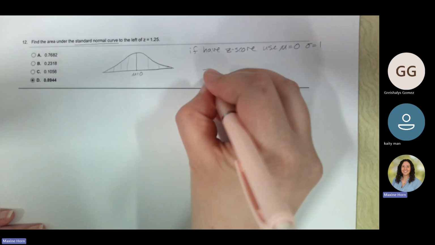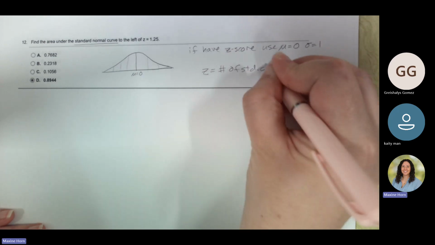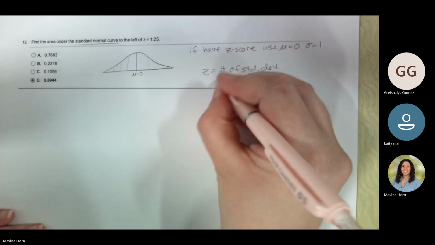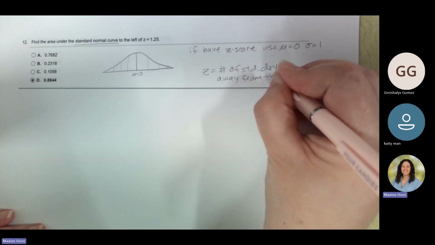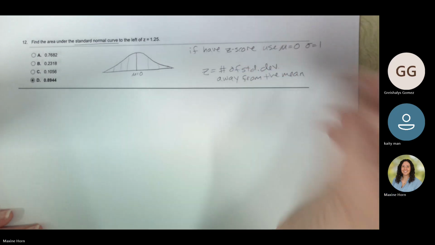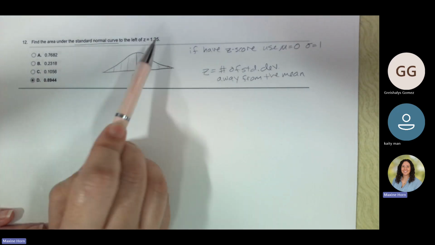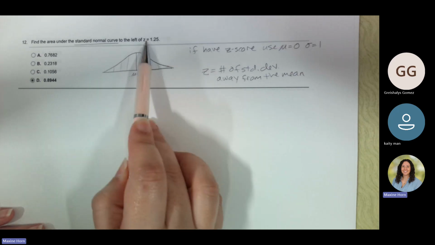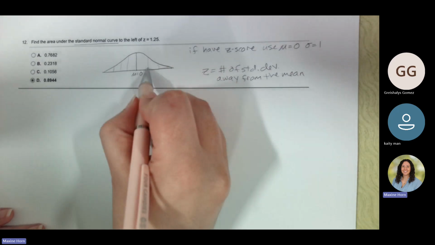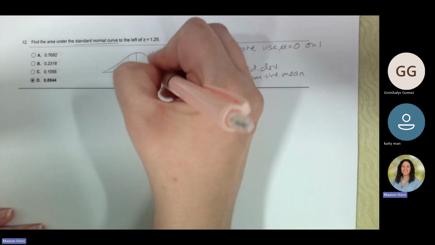Remember, z is the number of standard deviations away from the mean you are. So this is a positive number, which tells me I'm to the right of the mean. If this were a negative number, I would be to the left of the mean. So this is positive 1.25, so I'm 1 1/4 approximately to the right of the mean.